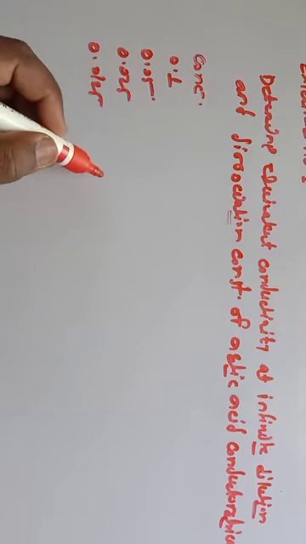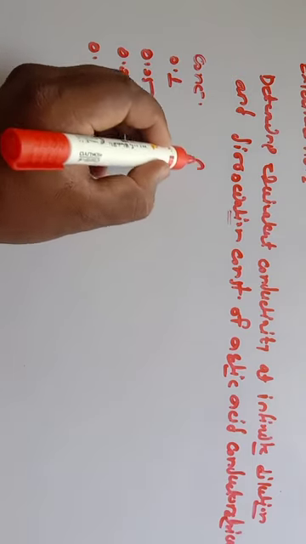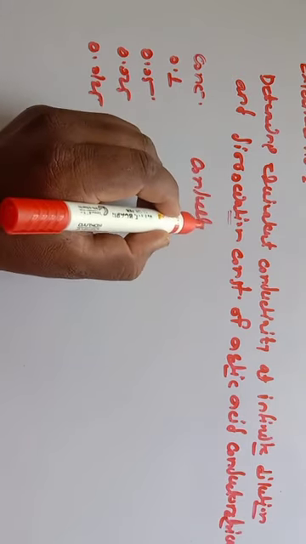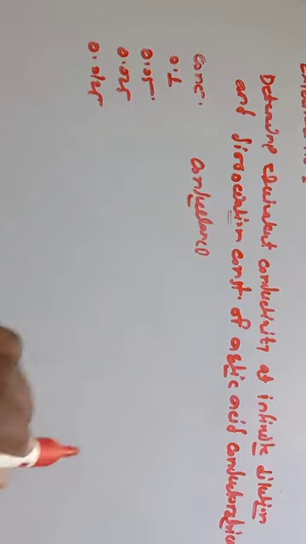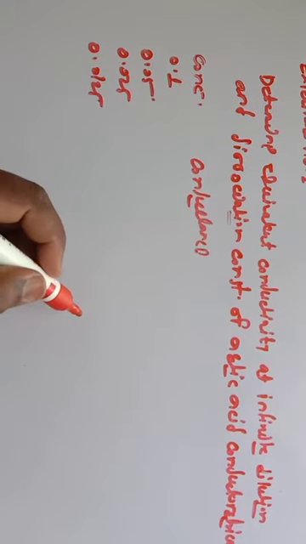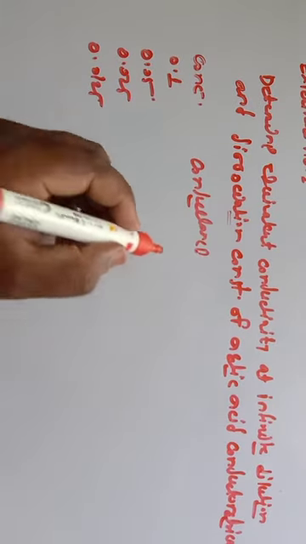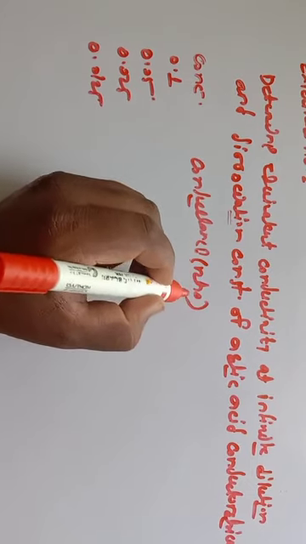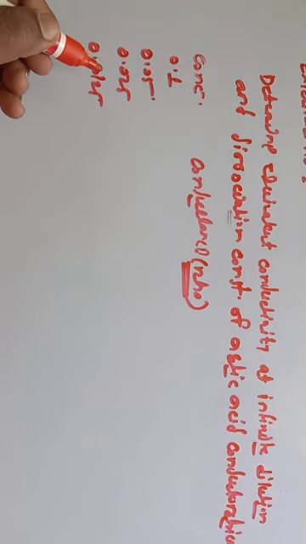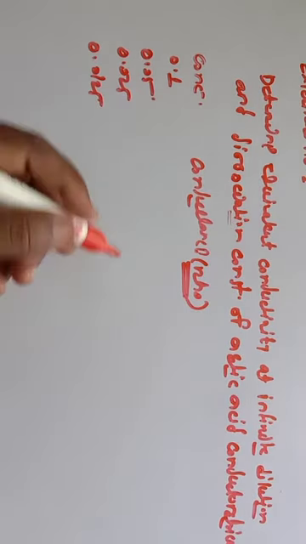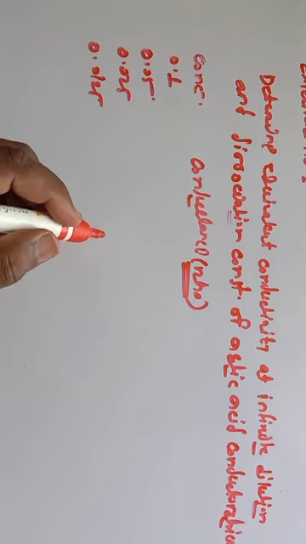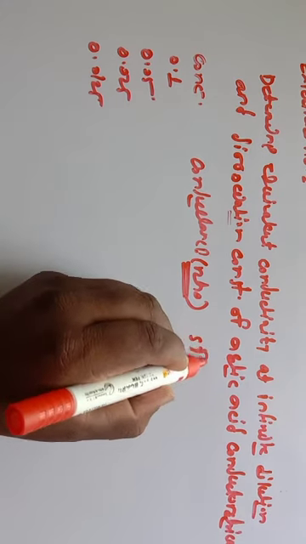Then in the second column, you have to measure the conductance. For every solution you have to find out the observed conductance, having a unit of mho. After that, you have to find out the specific conductance.